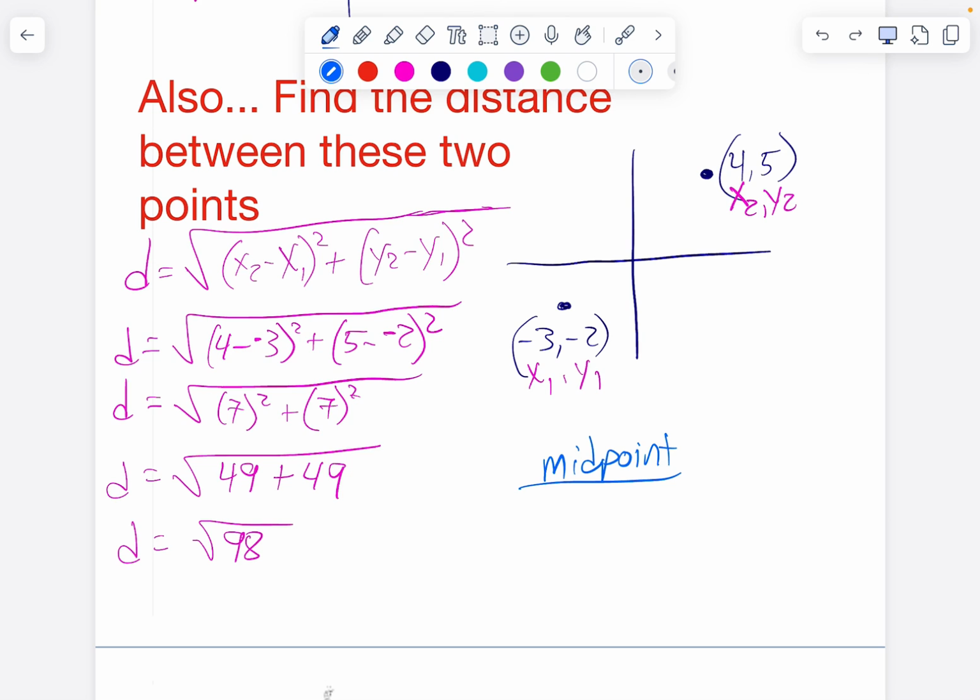Yeah, Isaac? x1 minus... And don't forget the over 2 part. So we're averaging, like, hey, how far are these x1, x2? We add those and divide by 2. That puts us right in the middle of them, just like it would if we averaged our height or something.